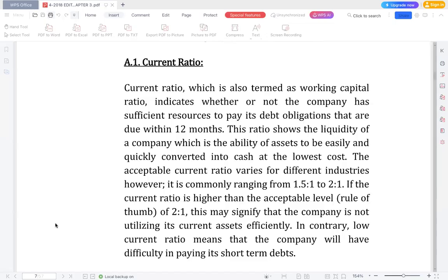So you have probably inventory, cash. It shows that the inventory is not being sold efficiently, so the turnover is not that fast. Even the cash balance shows that this asset is not being used efficiently.